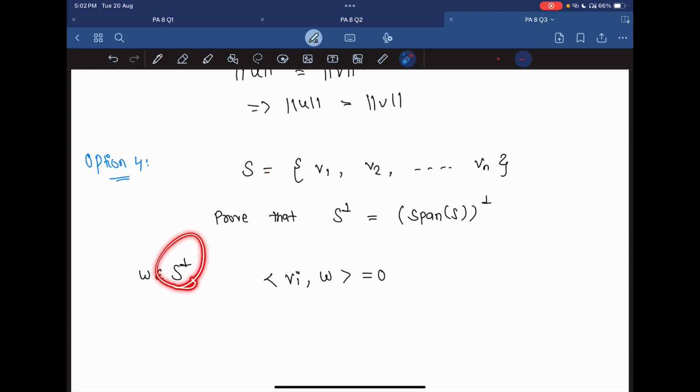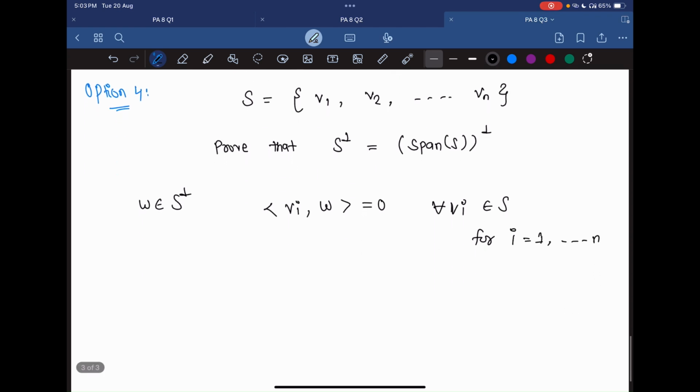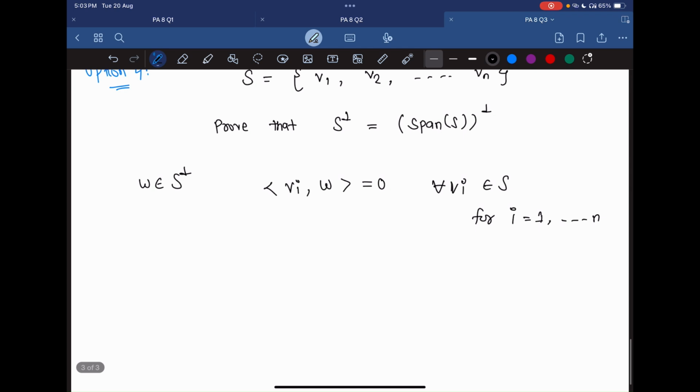So this is what is meant by S perp, that is the orthogonal complement of the set S: for all vi in the set S, i equal to 1 to n. Okay.